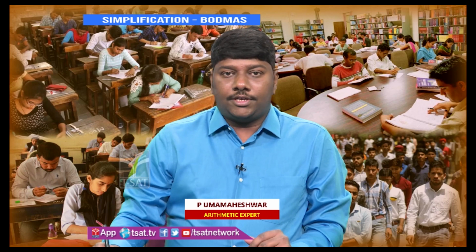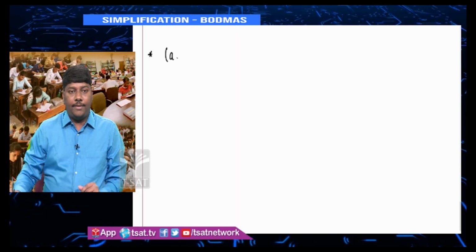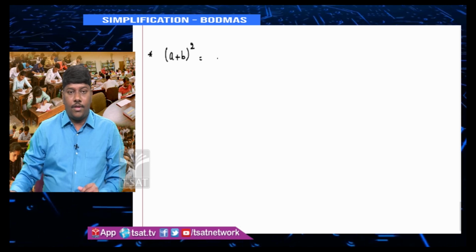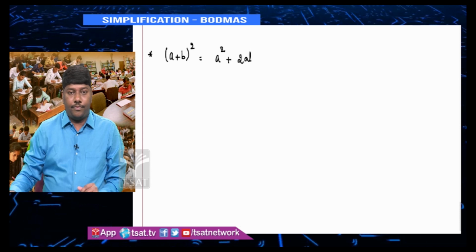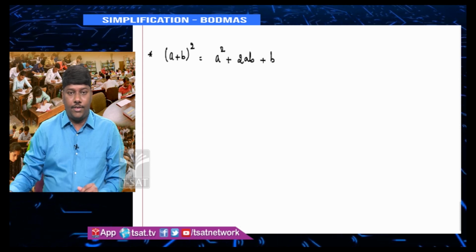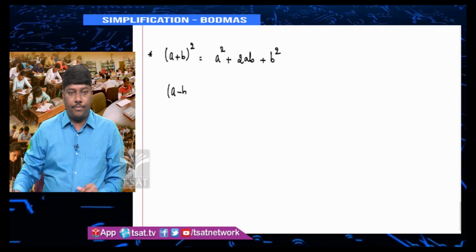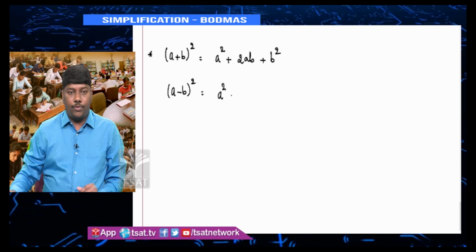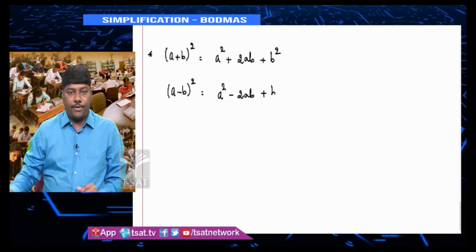Now, we look at the problems based on formulas, simplification based on formulas. So, what are the formulas that you have to know? We all know a plus b whole square is a square plus 2ab plus b square, a minus b whole square is a square minus 2ab plus b square.